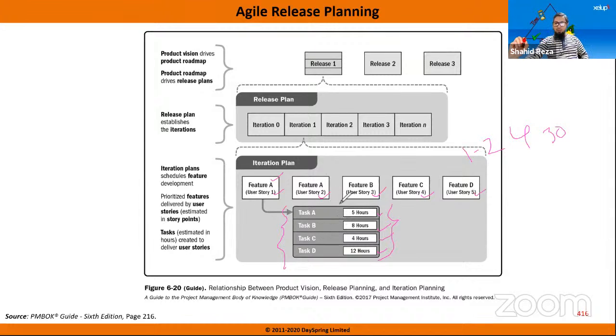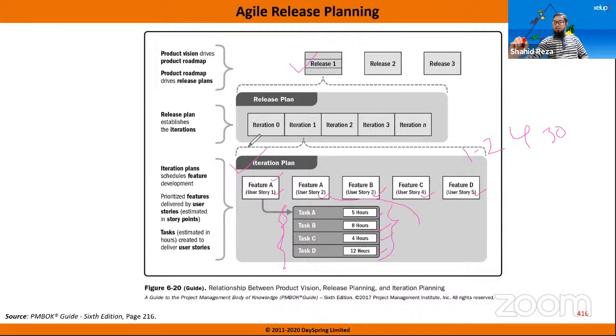When this is done, we again divide the next user story into tasks and find out the duration of the tasks. This way agile scheduling is done. It starts with release planning, then iteration planning, then feature level, user story level, and then task.